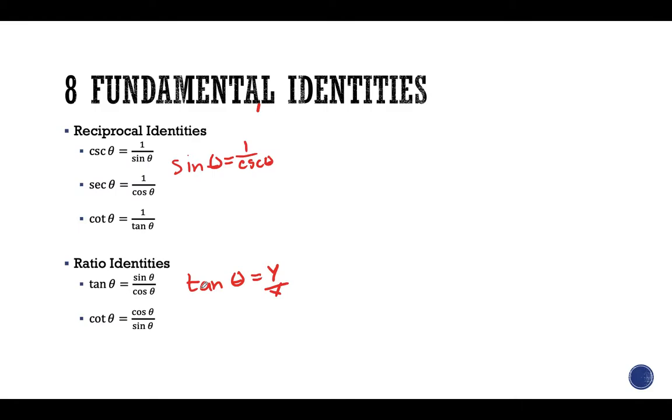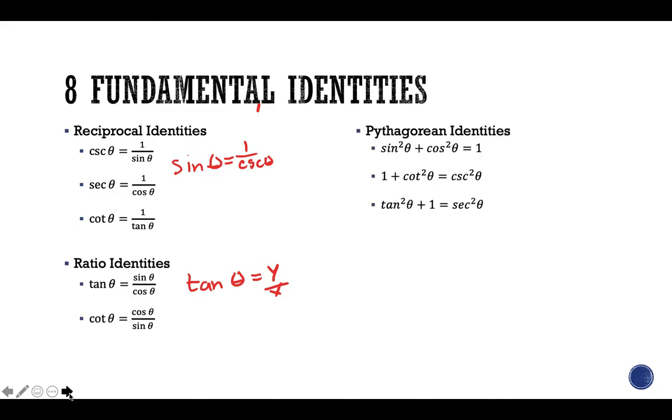Now, the next type of identity that we want to focus on is a set of identities that we call the Pythagorean identities. Just by the name alone, and also even looking at the form of them, you can probably guess that these identities have something to do with the Pythagorean theorem, and you would be correct in that assessment. So if we again go back to our unit circle, here would be an example of a unit circle. We have a hypotenuse of 1.